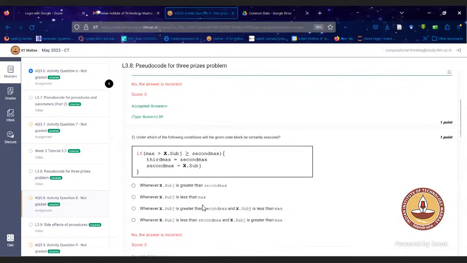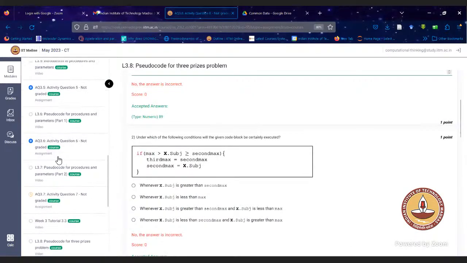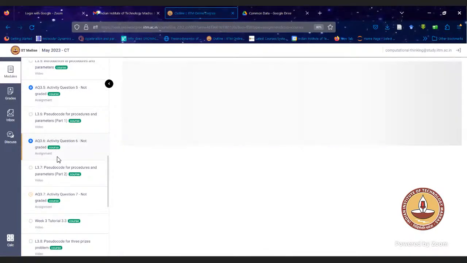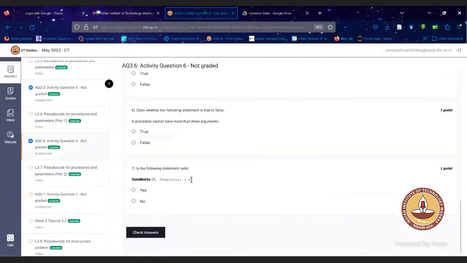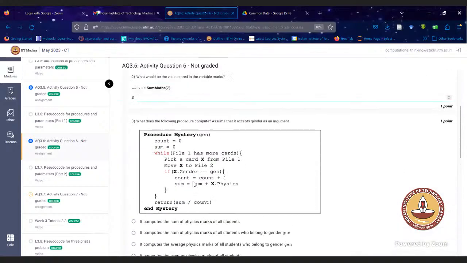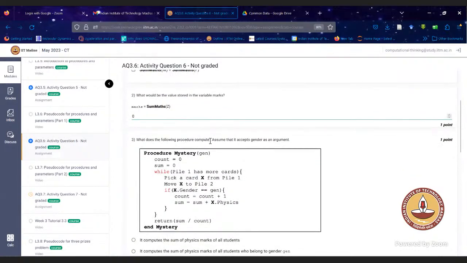Next question. The 3.6 question number 7. Is the following statement valid? sumMarks(F, chemistry) is equal to 10. What does the following procedure compute, assuming that it accepts gender as an argument?